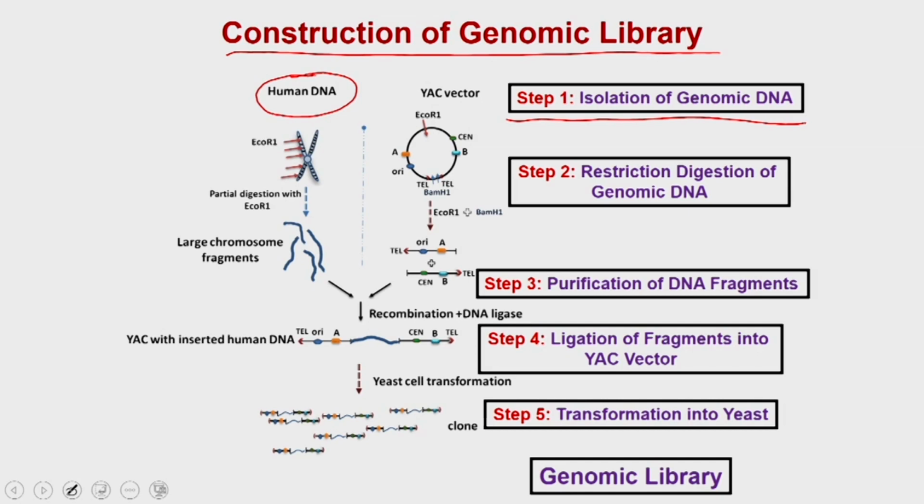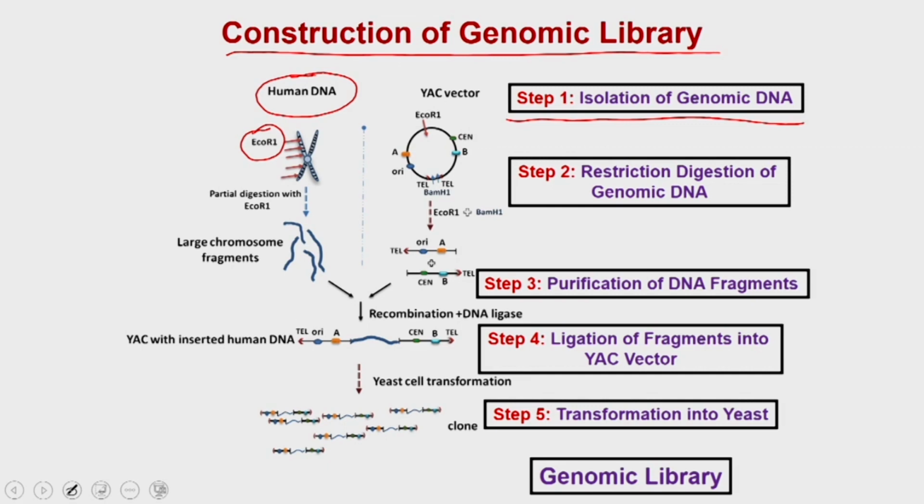Once you have prepared the genomic DNA, you know that the genome is arranged in the form of chromosomes. Then the next step is that you are going to digest the genome with a suitable restriction enzyme, which in this case is EcoR1, and we are going to discuss restriction enzymes in a subsequent lecture.